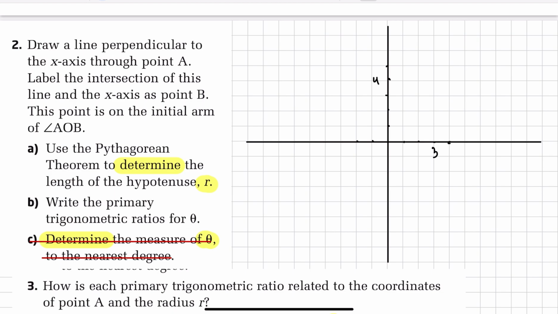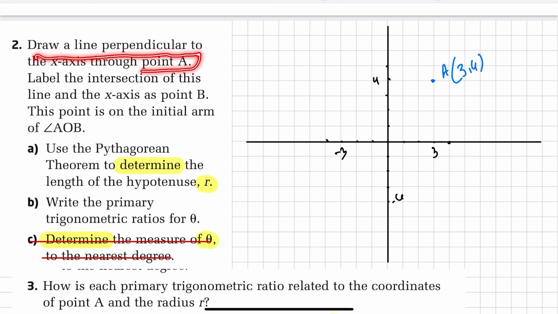Minus 1, minus 2, minus 3, minus 4. Minus 1, minus 2, minus 3, minus 4. So the first point we have is A, which has 3 on the x-axis and 4 on the y-axis. So (3, 4).